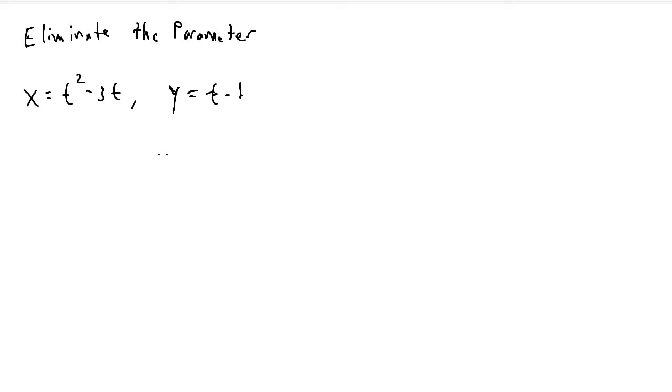In this set of equations, it is easier to isolate t in the y equation. If y is equal to t minus 1, I can just add 1, so then t is going to be equal to y plus 1.